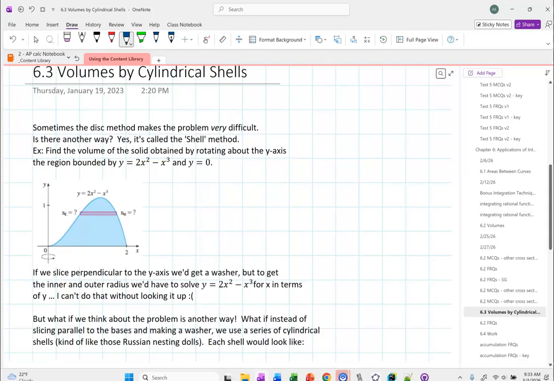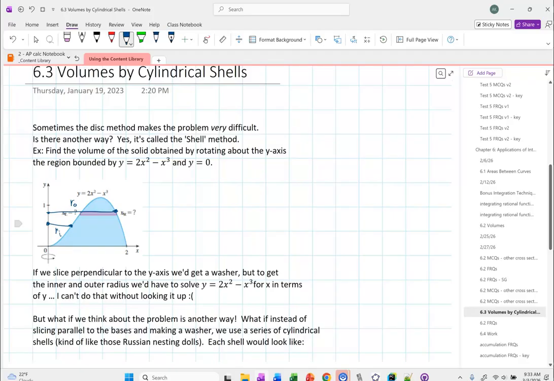Everybody's okay with that? So it's like, okay, well, it's a washer problem, right? So first issue, my inner radius, my outer radius. What are you noticing about the two? Both on the same curve. What do I do with that? Still possible. Now it's a pain.